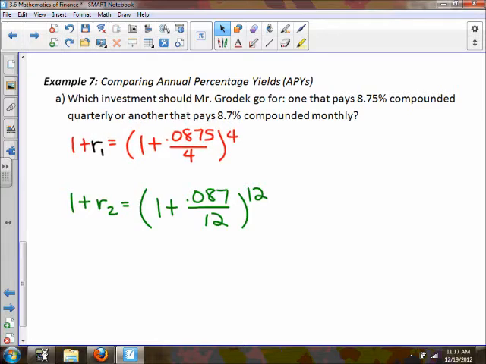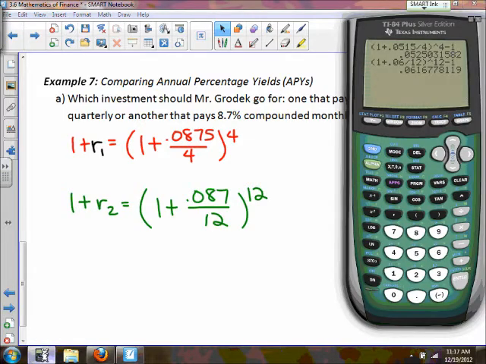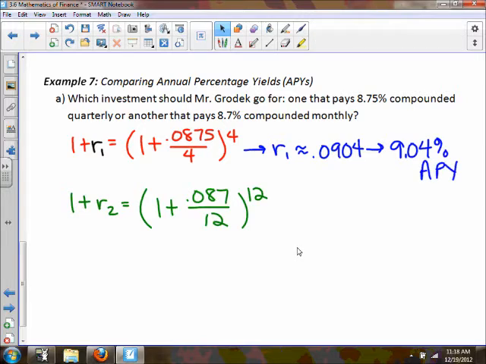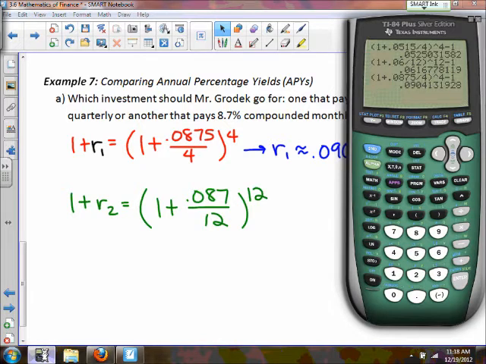Yeah, R2 is 0.087. So the mathematics behind it, 1 plus 0.0875 divided by 4, caret 4 minus 1, is about 0.0904. Okay? And then if we do the next one, it comes out at 0.0906.